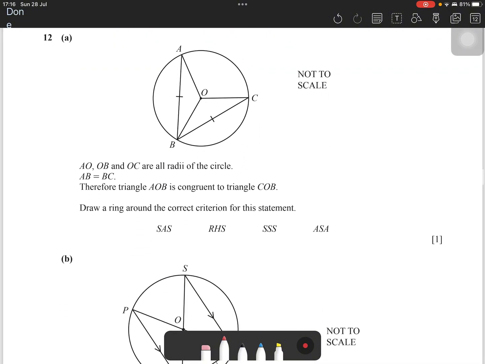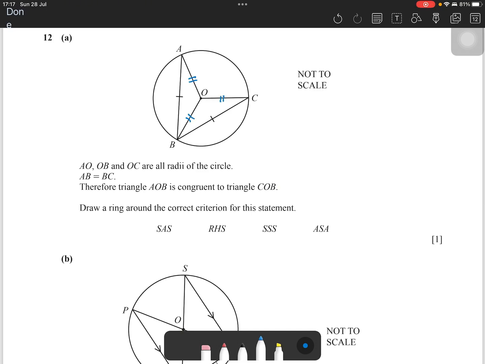Question 12. A. AO, OB, and OC are all radii of the circle. AB is equal to BC. Therefore, triangle AOB is congruent to triangle COB. Draw a ring around the correct criterion for the statement. So, you know that in triangles OAB and OCB, this one is a radius.